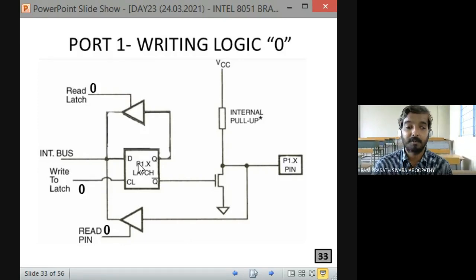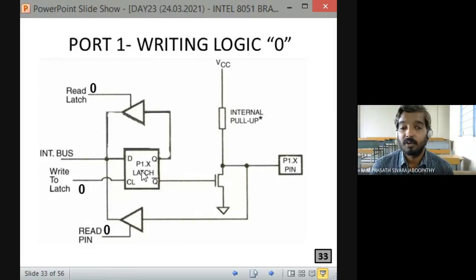What is its operation? Whatever data we keep on the input, when the clock is enabled, that value gets stored. Does the logic change after the clock goes to 0? When does the value stored in the flip flop change again? Only when we give a new input and the clock is enabled. Correct? Okay. So that's all about this portion.